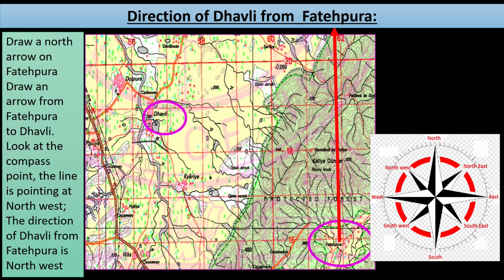Now another arrow we have to draw from Fatehpura to Dhavli, and that shows that from north, on the left hand side, we are bending, that is northwest. So the answer is northwest. The direction of Dhavli from Fatehpura is northwest.